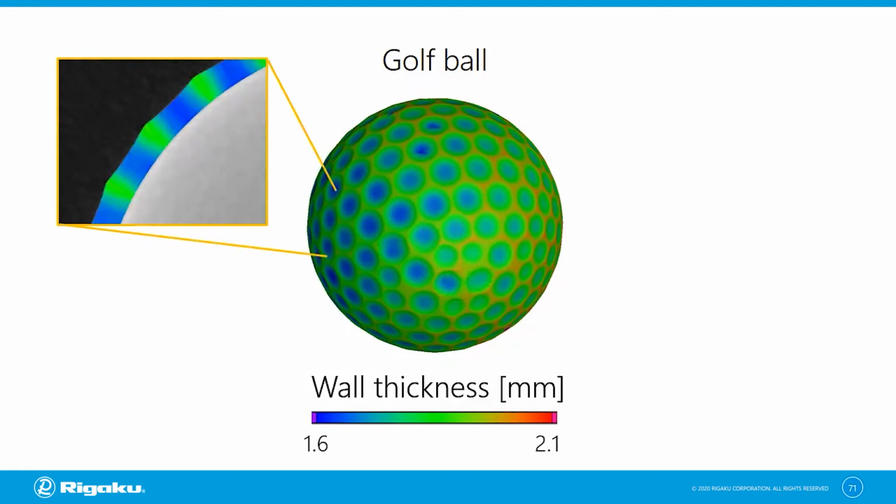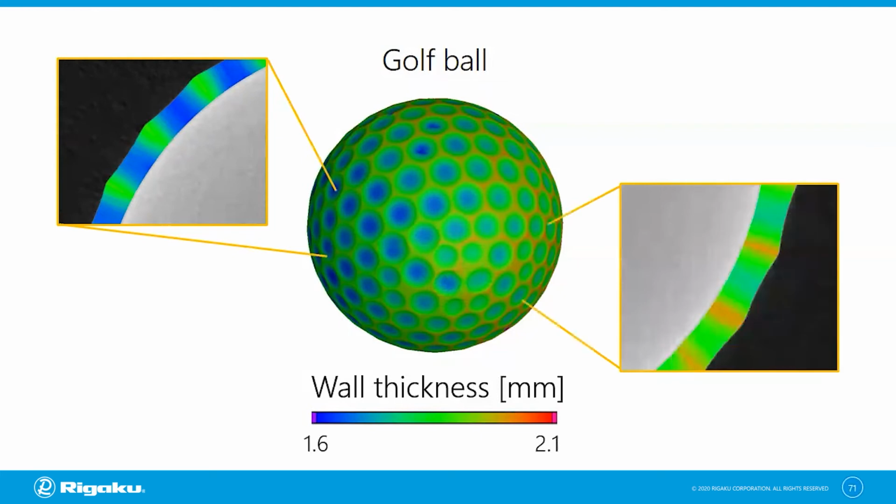Those dimples are blue, 1.6 millimeters, and the thicker parts are probably 1.8 millimeters or so. But on the right side, it's more from green to orange, so they are overall a little bit thicker. What this means is that the elastic core of this golf ball is not sitting at the center of the ball, which is probably not a good thing for a golf ball.